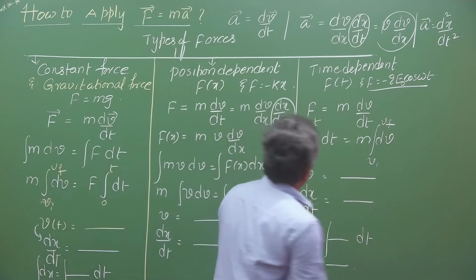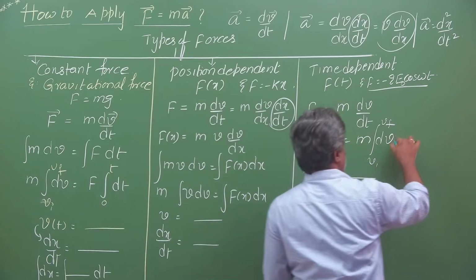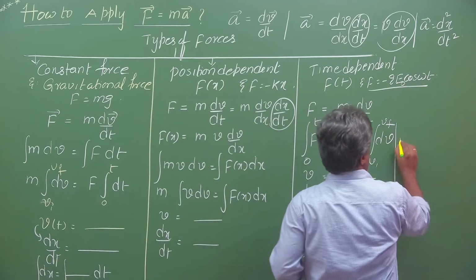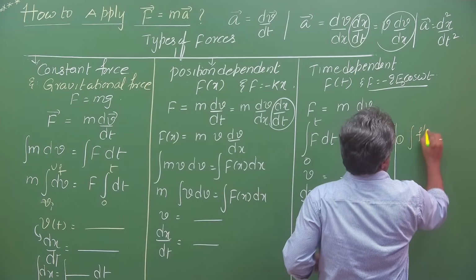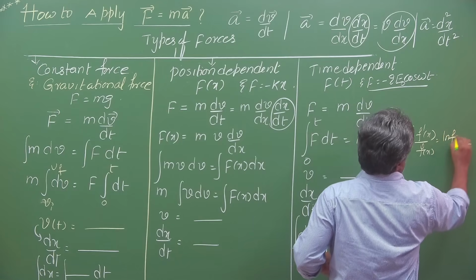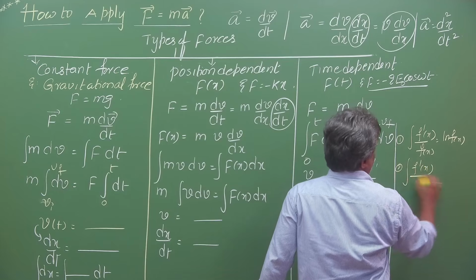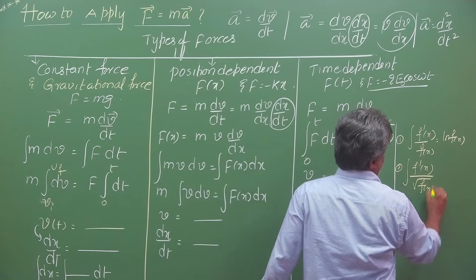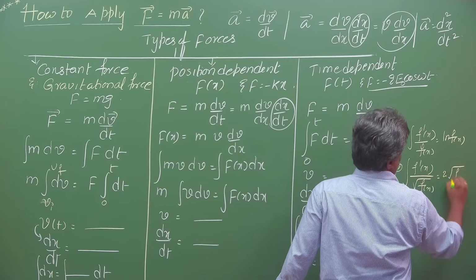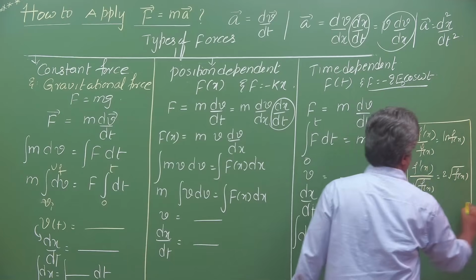And most of the problems will get these types of integrals. Integral f dash of x by f of x, answer log f of x. Very few people are saying integral f dash of x by root f of x, answer 2 root f of x. Maximum these types of integrals we will use here.